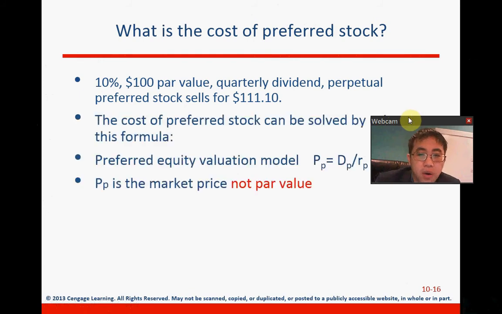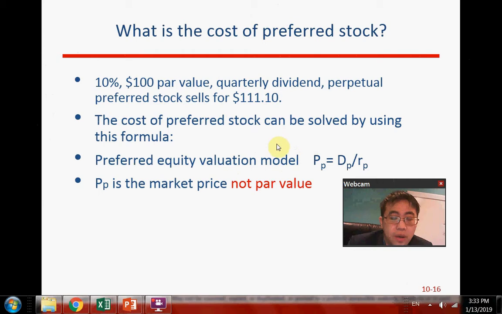So right here, you can twist the formula a little bit. In the perpetuity model, price equals dividend divided by the required return. If this time you are solving for the required return, you can just change this formula, and RP would equal dividend divided by the price. So RP equals DP divided by the preferred price.